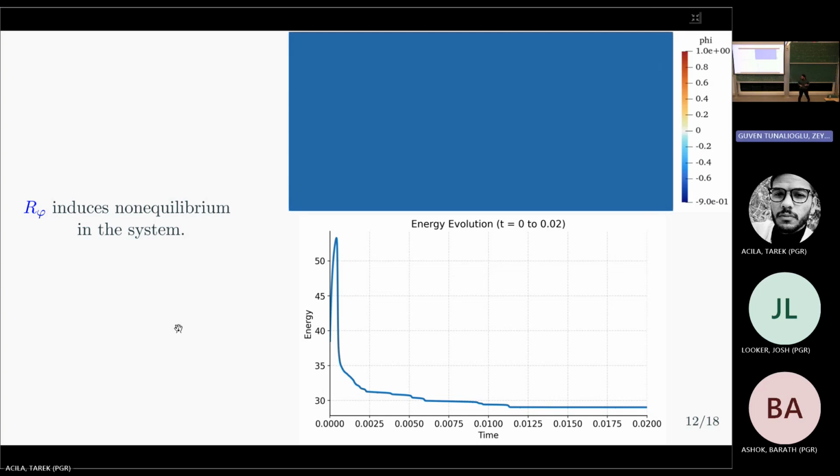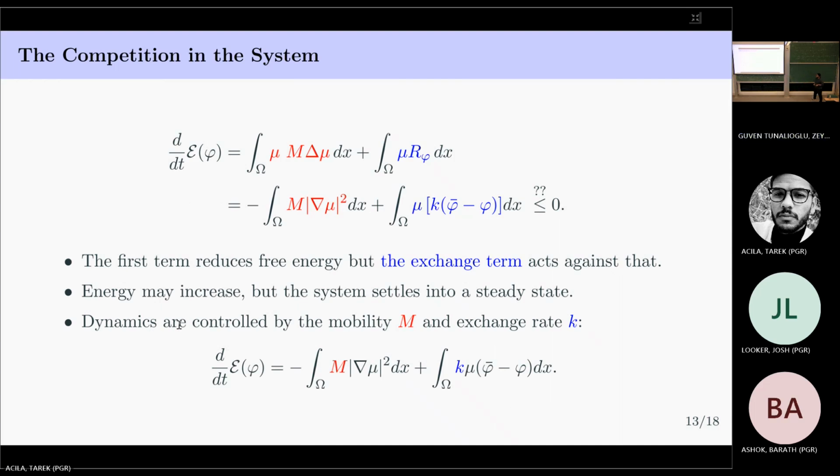If I take you back to the energy rate of change, you can see that apparently. So in the last slide, we had only this term. Now I have the blue term appearing as well, and I can't always guarantee that this is negative. Okay, so the energy doesn't decrease monotonically. And you can see there is some kind of a competition here between the dynamics that tries to phase separate the system and the dynamics that tries to exchange mass.